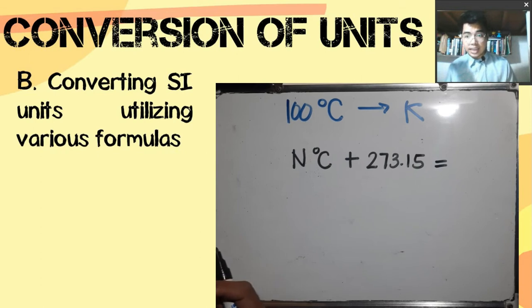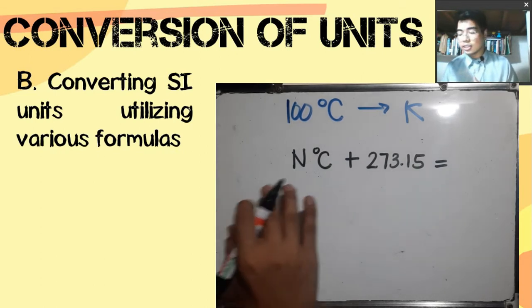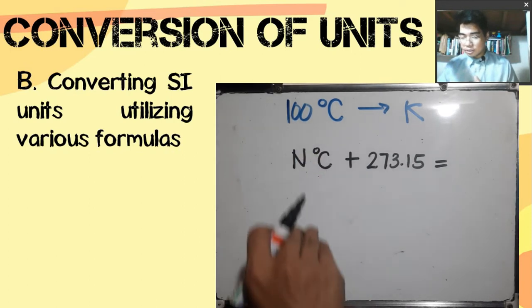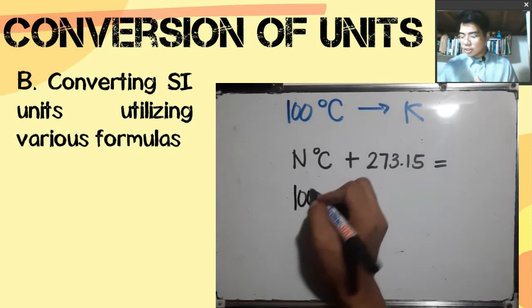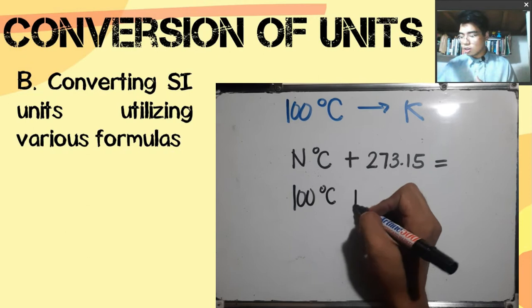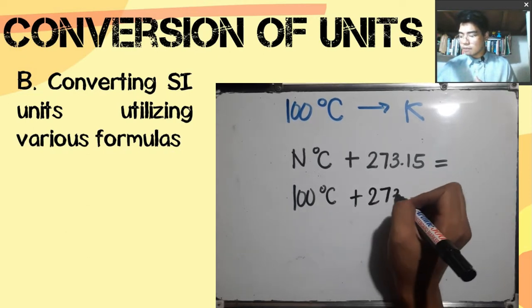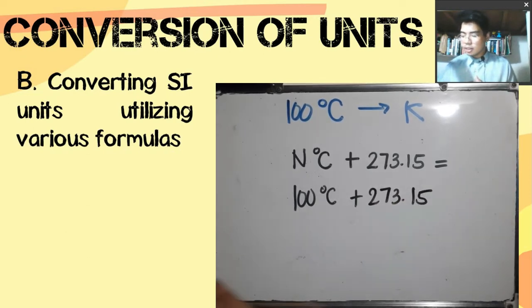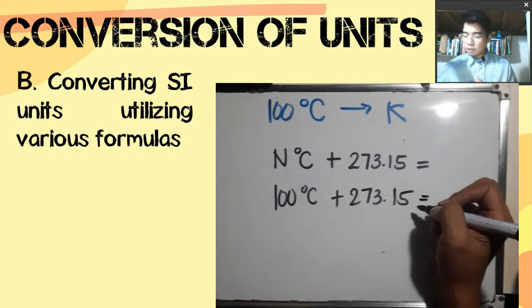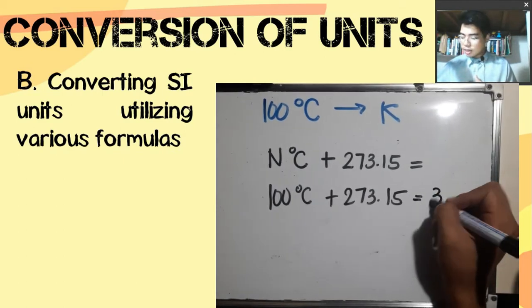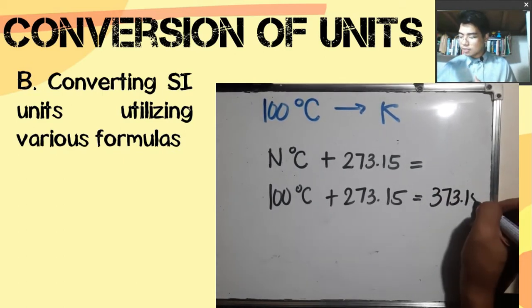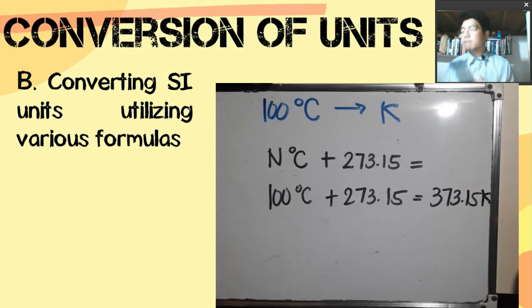As simple as that. Okay? So, if we're going to convert 100 degrees Celsius to Kelvin, we're just going to have 100 degrees Celsius plus 273.15. It will now give us the value of 373.15 Kelvin.